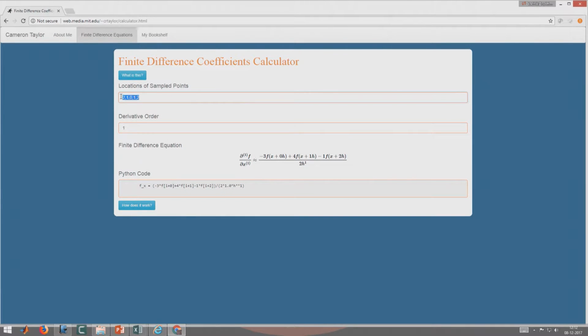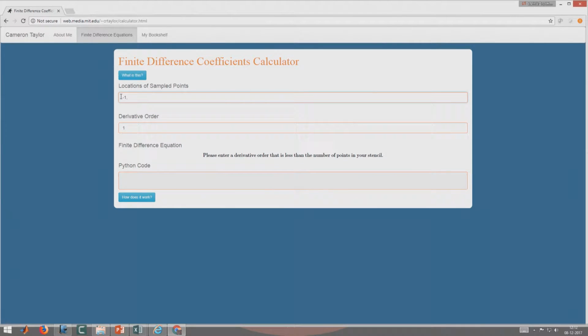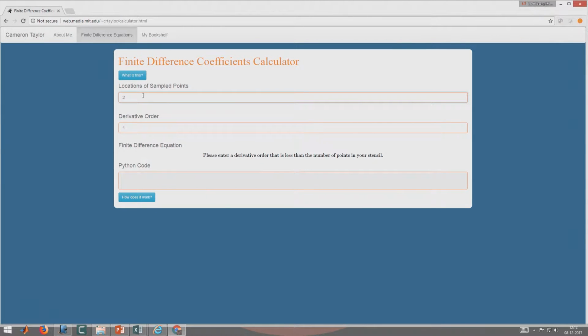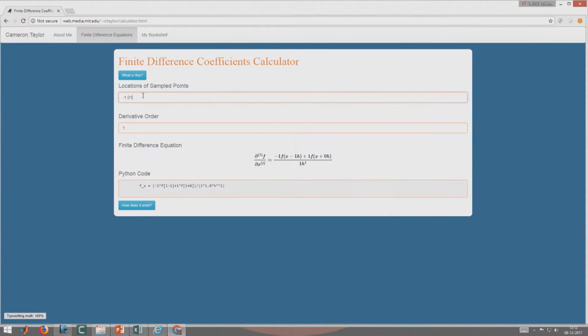So depending upon which are the 4 points you plan to use, minus 1, 0, plus 1, 2, it gives you different sets of coefficients here, as you can see.